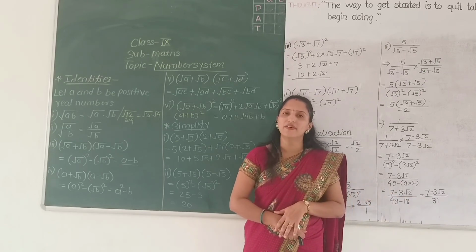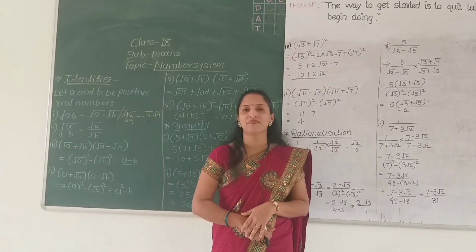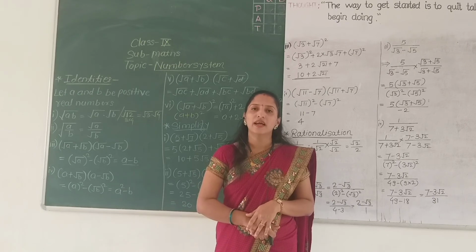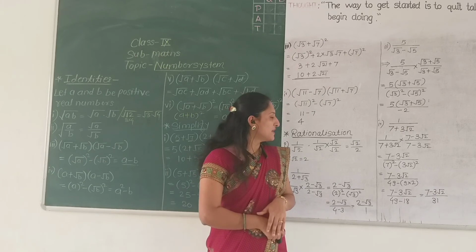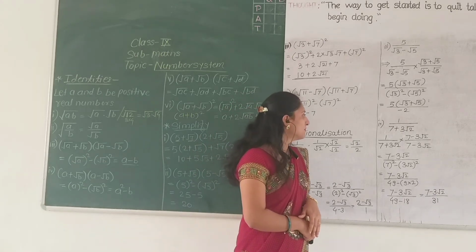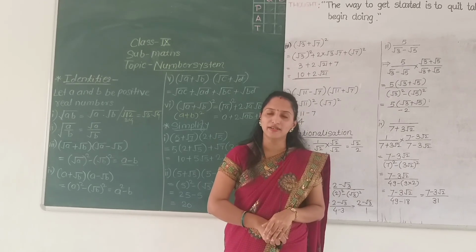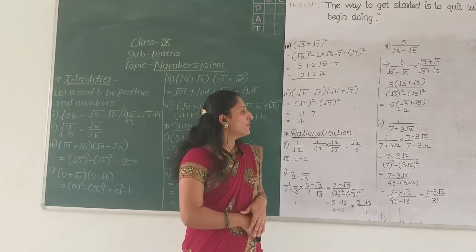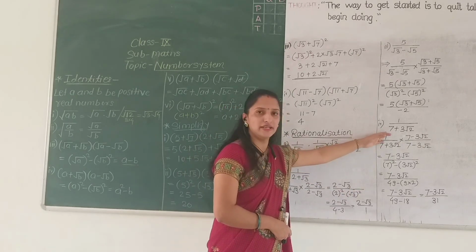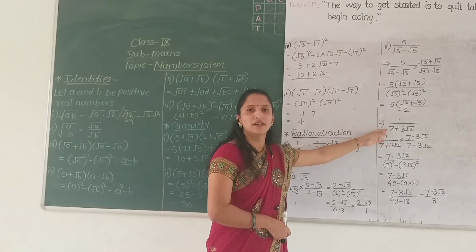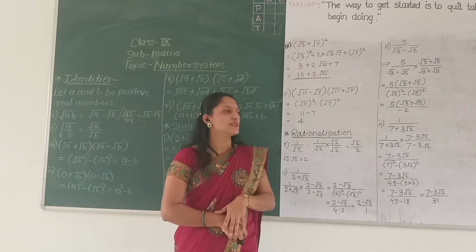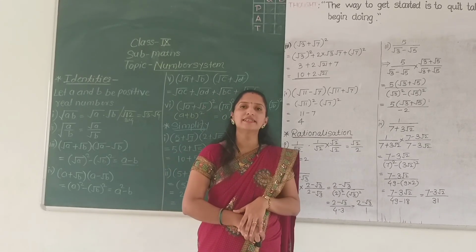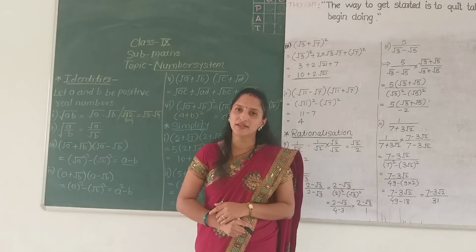So how can we define rationalization of the denominator? When an expression contains a term with square root in the denominator, the process of converting this denominator into a rational number is called rationalizing the denominator.